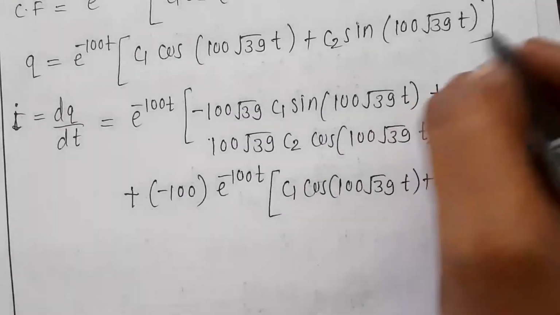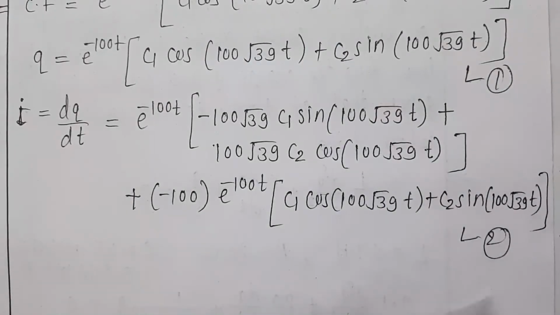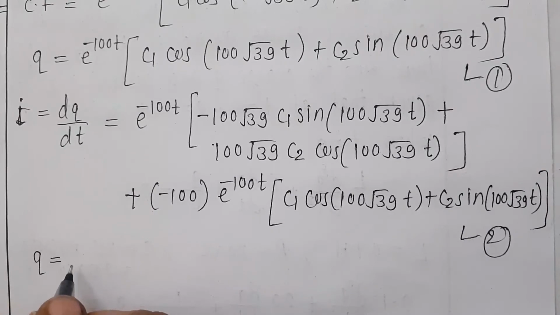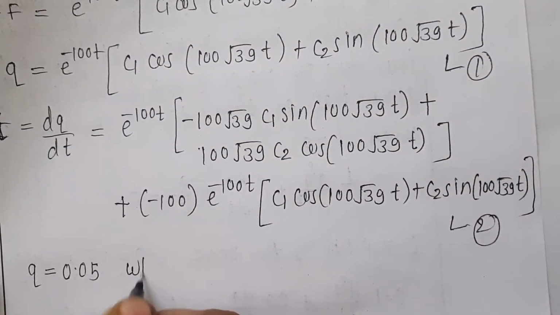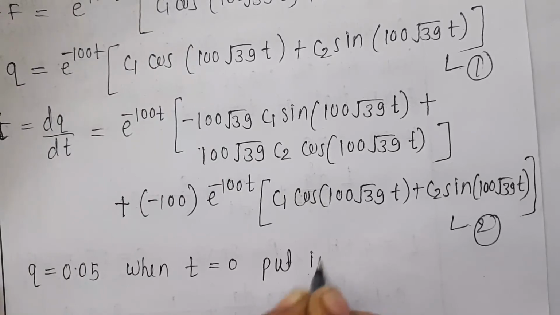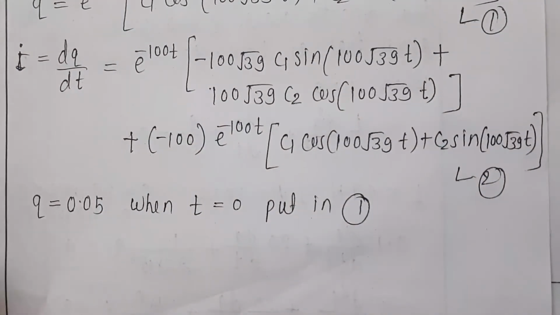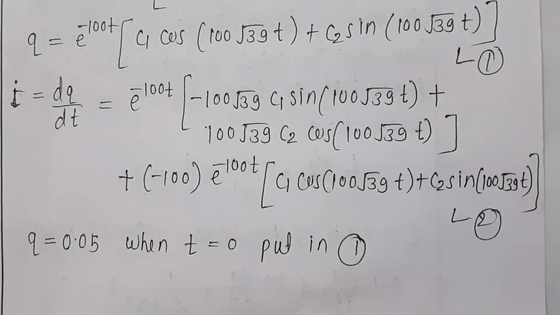Now let this be equation number 1 and this one equation number 2. Given that q is equal to 0.05 when t is equal to 0, put in equation number 1.